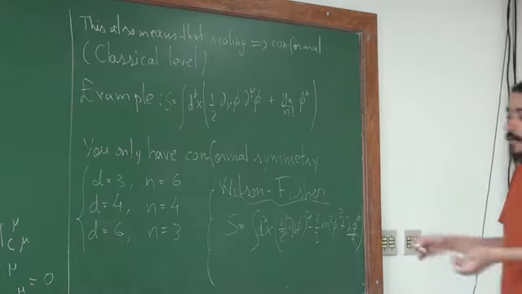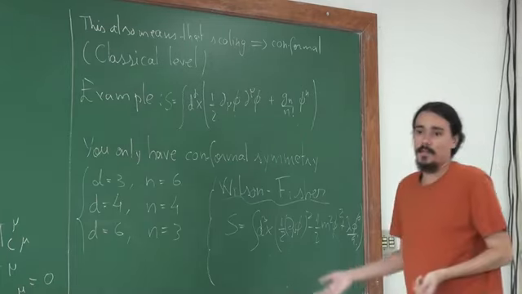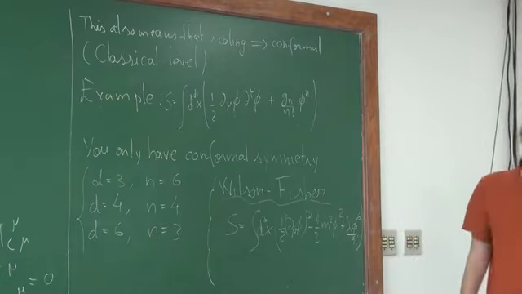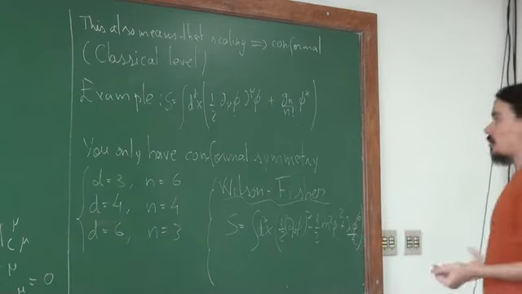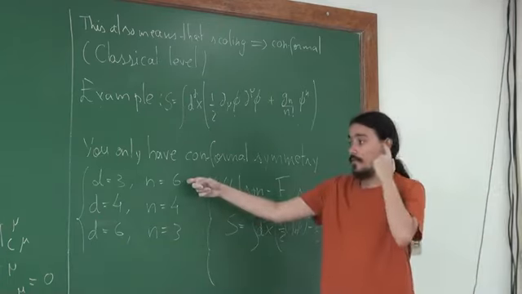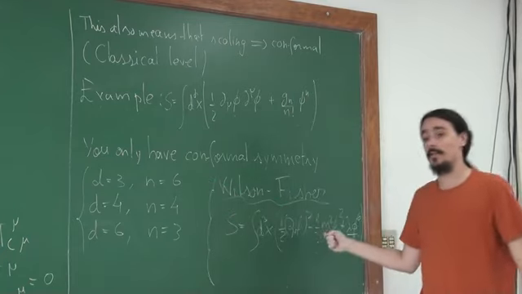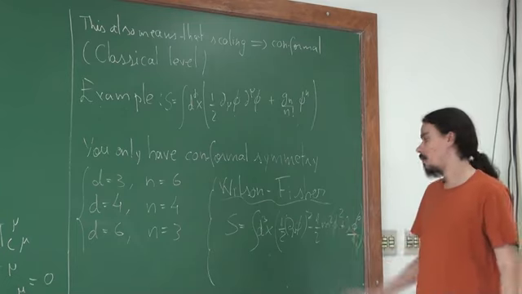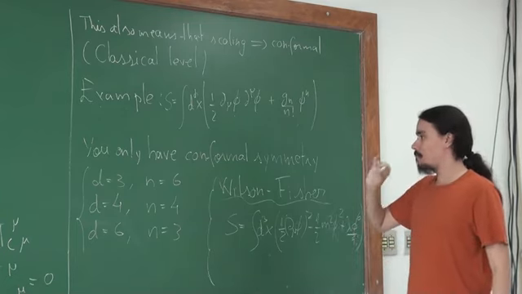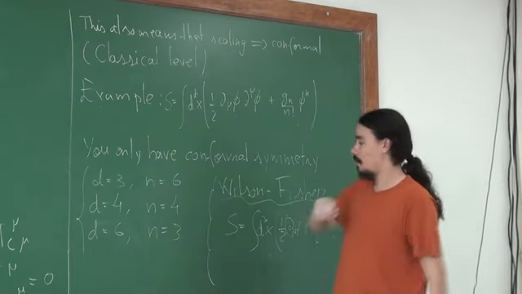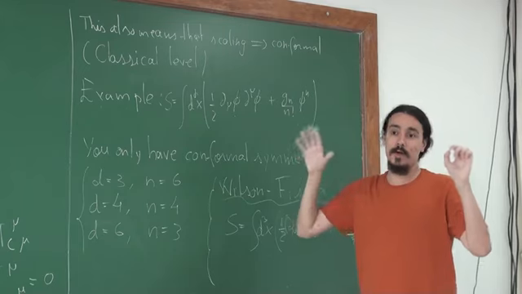Okay, and then you have to actually do the RG study to see. You have to be careful with the anomalies to make sure that this symmetry, this conformal symmetry at classical level, would carry over to the quantum theory. But this is always a possibility.